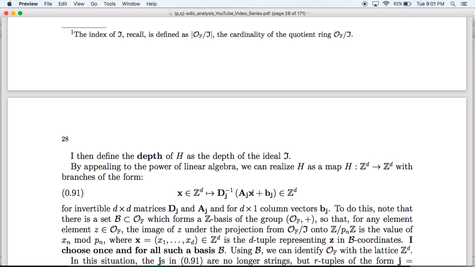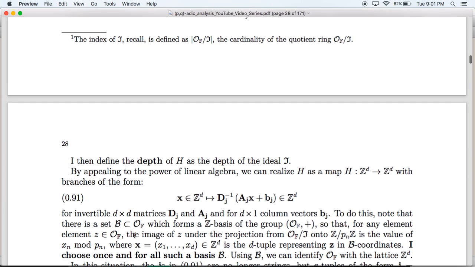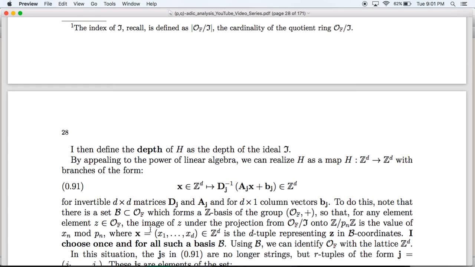To do this, note that there is a set B in O_F which forms a Z basis of the additive group of F integers, so that for any element z of O_F, the image of z under the projection from O_F mod I to Z mod p_n Z is the value of x_n mod p_n. In other words, I'm picking a basis such that in order to figure out what H does to x, you just look at the values of each coordinate modulo p_n.